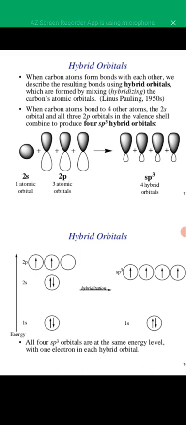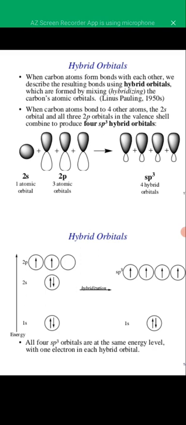Look at the example below. You have the 1s orbital, you have 2s and 2p. Now when it undergoes bonding, you now have sp3. What happens is that the s bonds with the p.